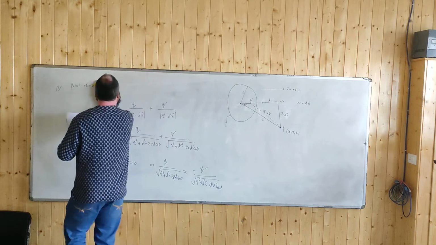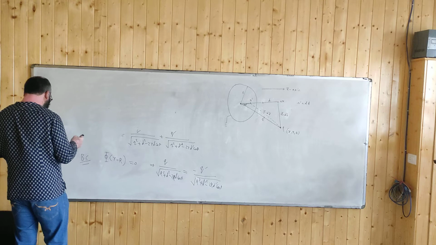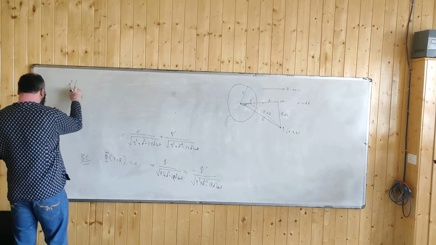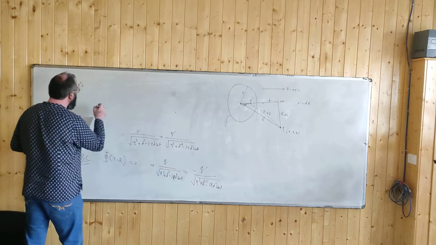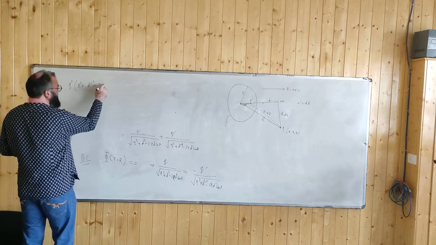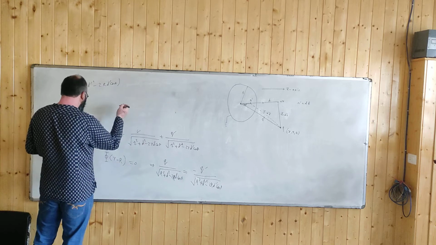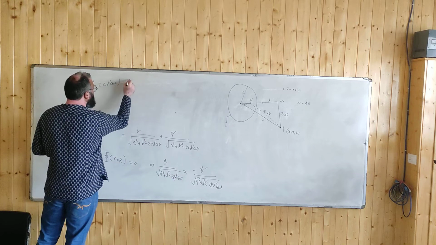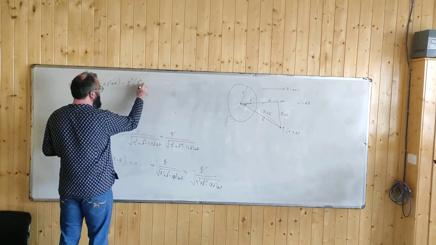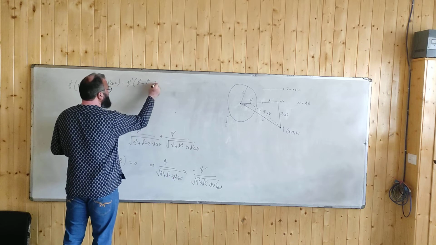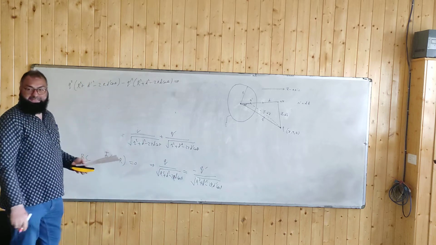You will be having q square times r square plus d prime square minus twice r d prime cosine of theta, minus q prime square times r square plus d square minus twice r d cosine of theta, equal to 0.